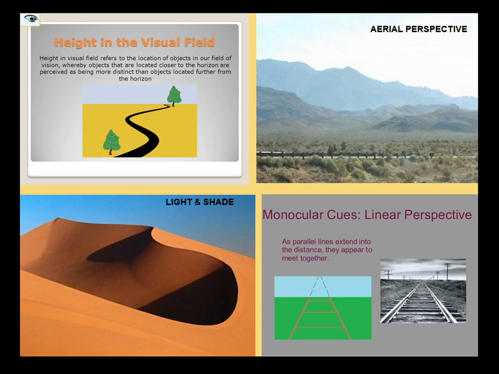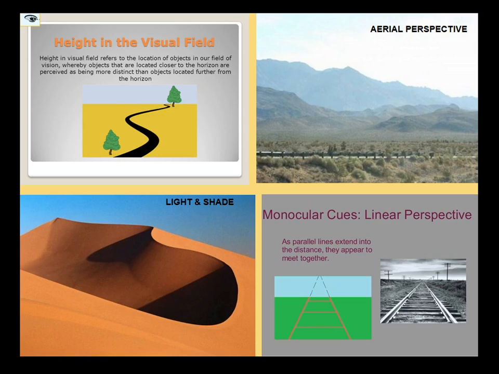Of course, we have the next one, which talks about light and shade, and it says that in the light, some parts of the object get highlighted, and some parts become very dark. And of course, when we reach there, we are not able to see anything like that.